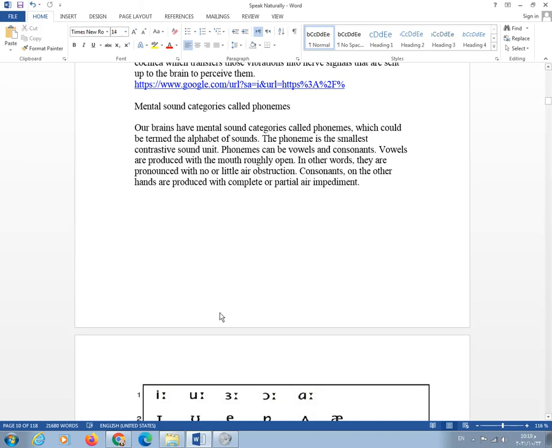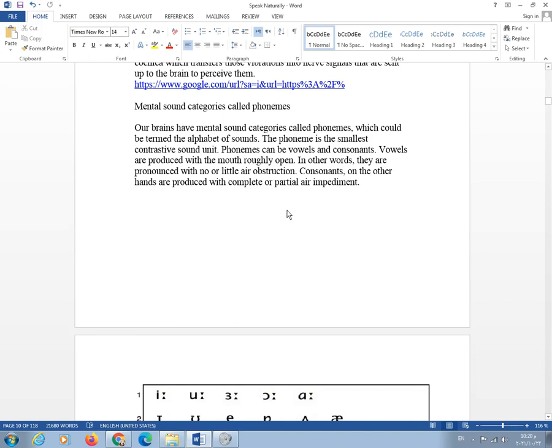Phonemes can be vowels or consonants, and as I've said before, when we pronounce vowels, we say them with the mouth roughly open, and when we pronounce consonants, air is obstructed or stopped, either partially or completely.